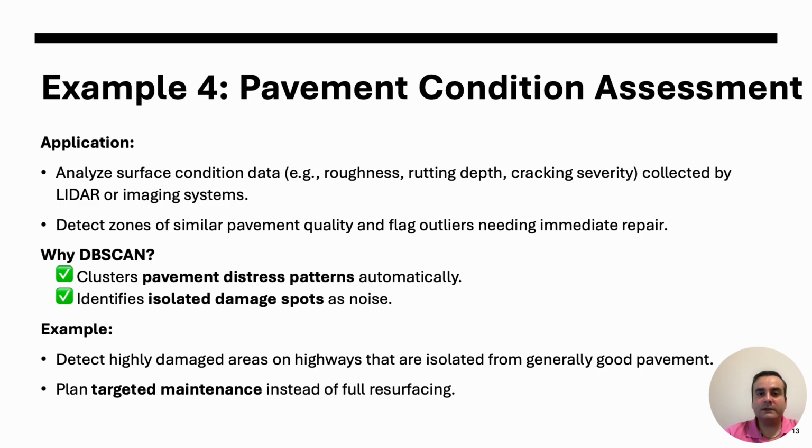DBSCAN is a good fit here because it automatically groups distress patterns and treats isolated damage as noise. On this slide, notice the example. We can detect highly damaged areas on an otherwise good highway and plan targeted maintenance instead of resurfacing the whole segment.